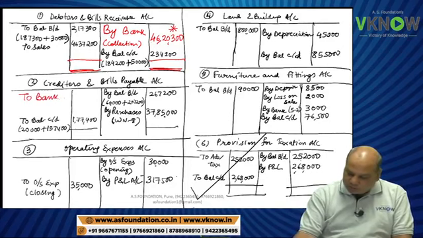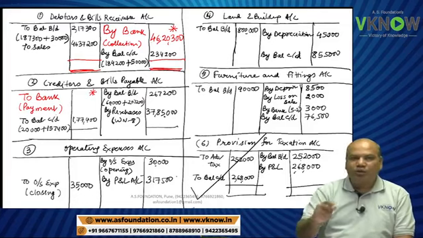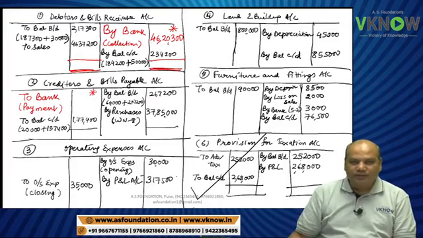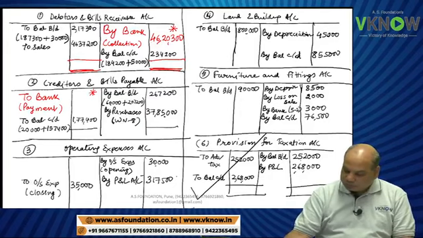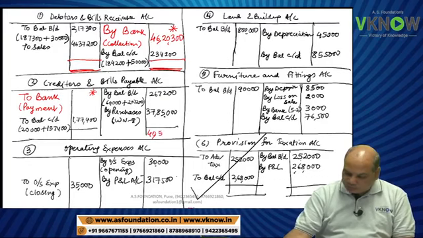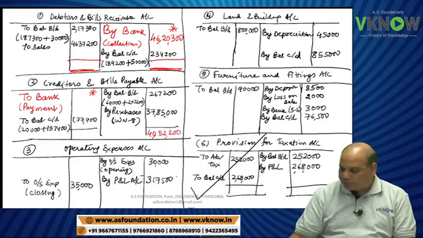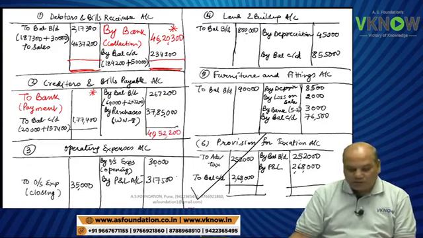creditor account to bank payment. Please calculate the balance and give me. Calculate the balance of payment. Take credit side total first. 40 lakh 52,200 minus debit side.